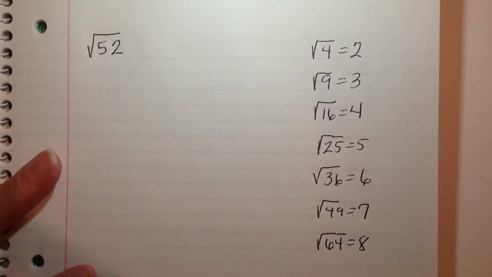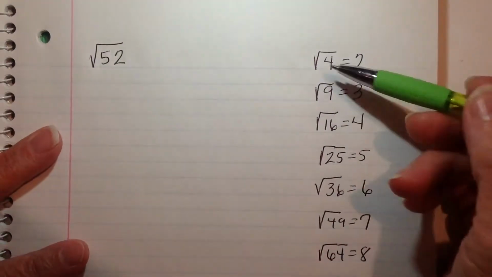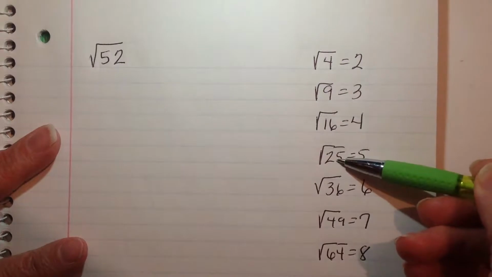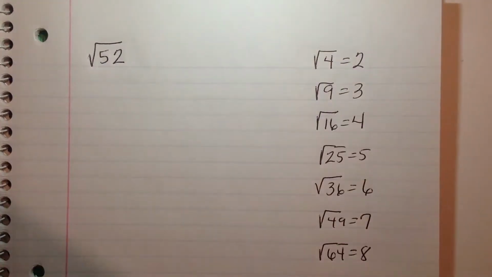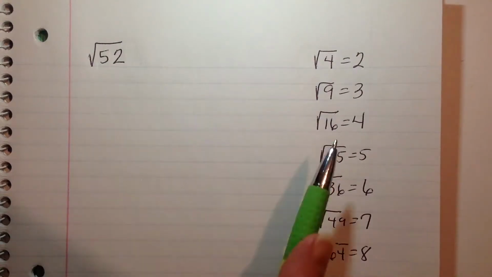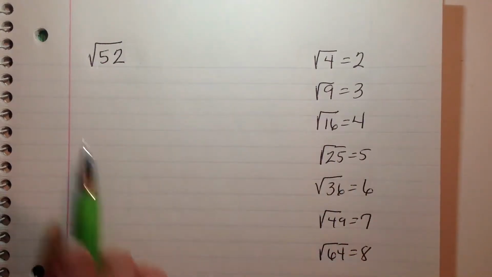So we begin thinking about the perfect squares, 4, 9, 16, 25. Will any of these divide into 52, and what is the biggest one? Well, I know 4 will divide into 52. If I use my calculator, 52 divided by 4 gives me 13. 9 will not divide into 52, 16 won't, and none of the rest of these will.